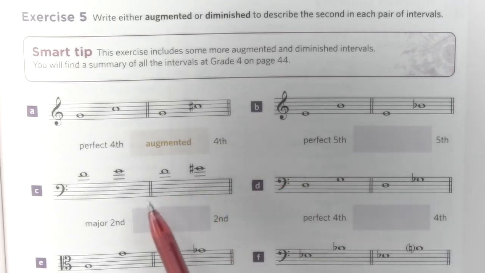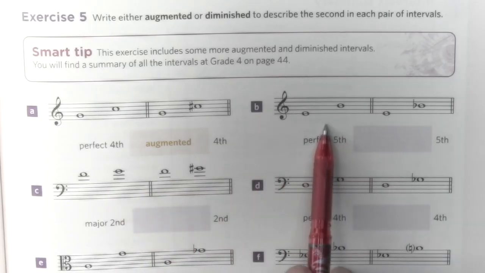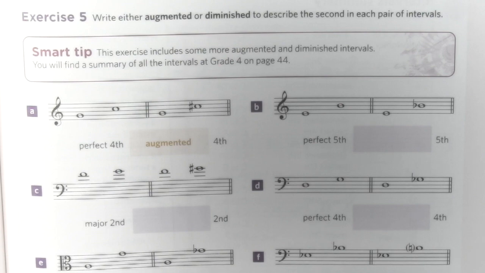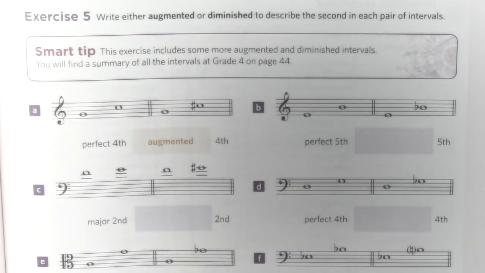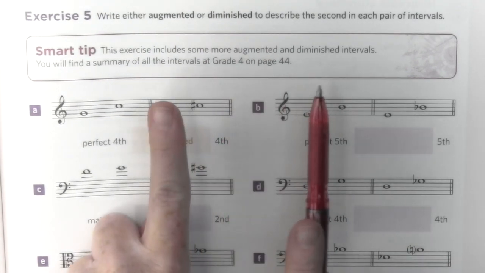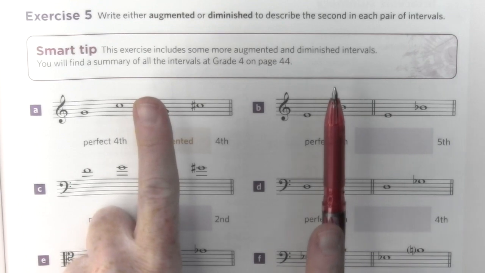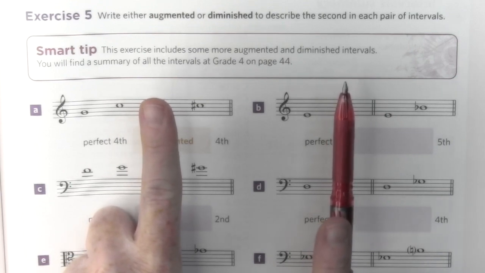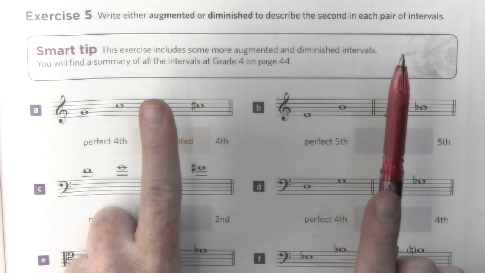In this exercise, we need to compare the 2 intervals and say whether the second interval has been augmented or diminished. Now, if you have the keyboard in mind, this is really easy. I'm not going to write a keyboard this time because I'd like you to think of this. If the distance between 2 notes is this, putting a sharp would increase the distance.